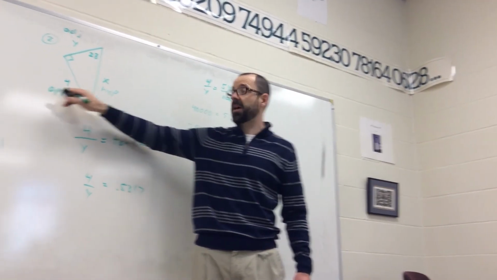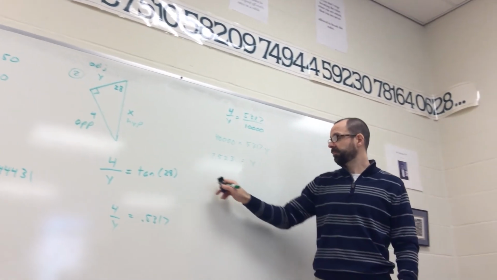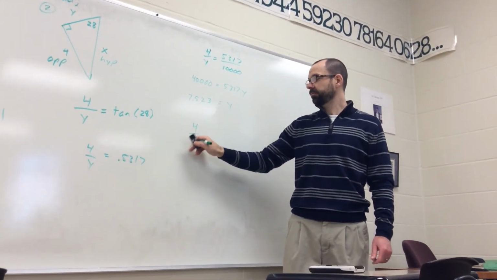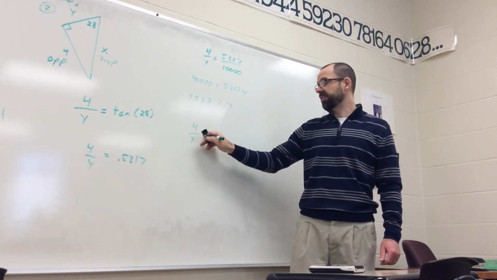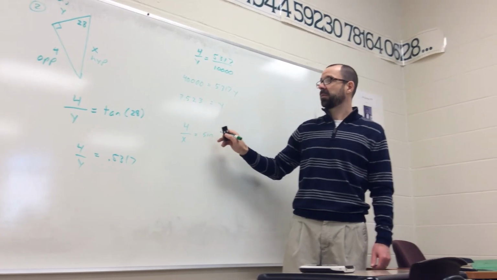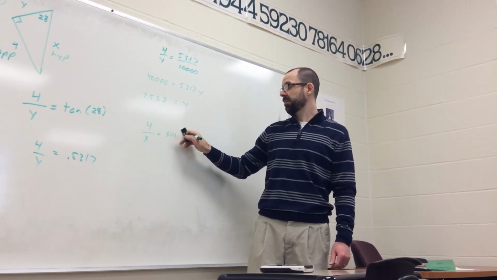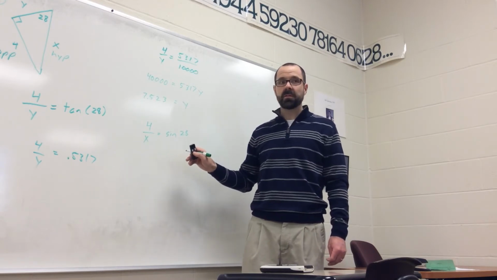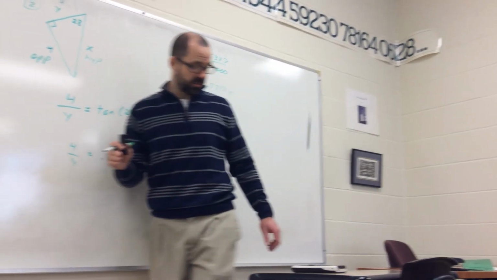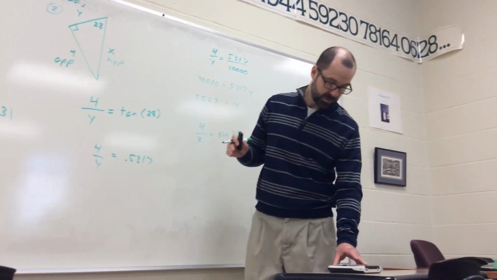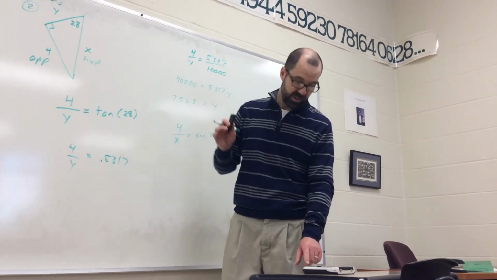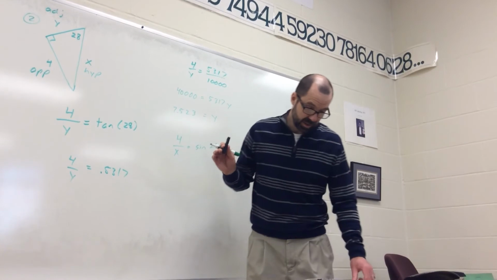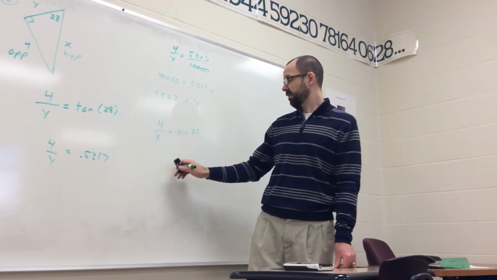So I'll put opposite on top, hypotenuse on the bottom. And that equals the sine fraction. So then I look up sine of 28, either on the table or on the calculator, and it is 0.4695.